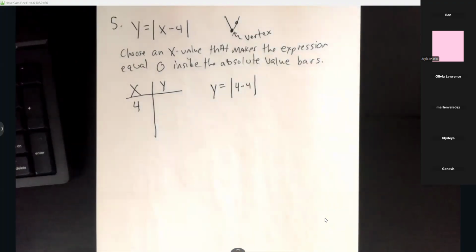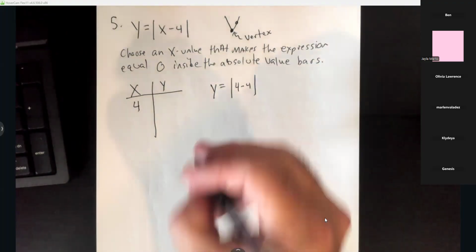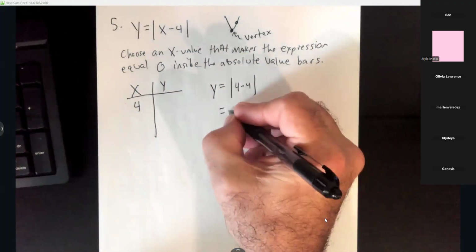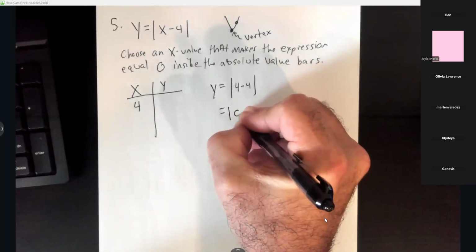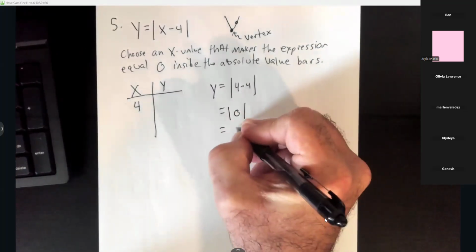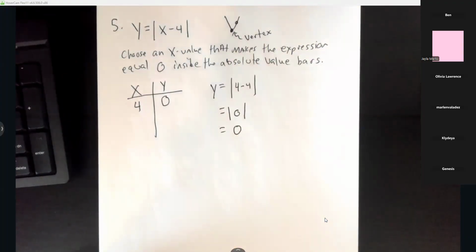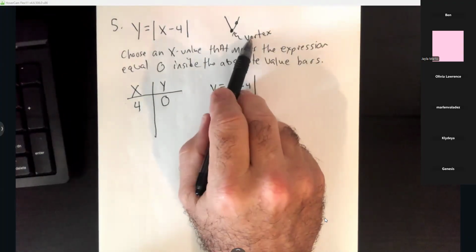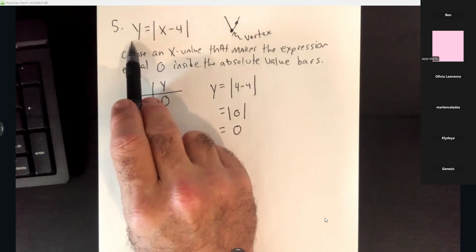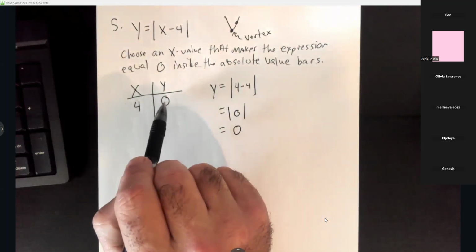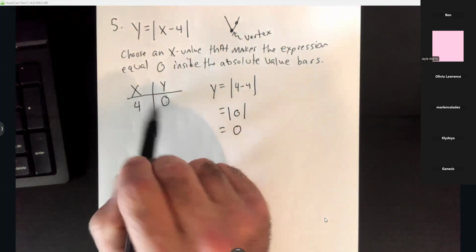In order of operations, absolute value has the same priority as parentheses, so they're the first thing you have to evaluate. Well, 4 minus 4 gives me 0, and absolute value of 0 is 0. So that means the vertex on number 5 will have a y value of 0.